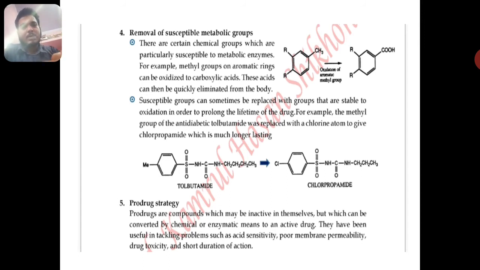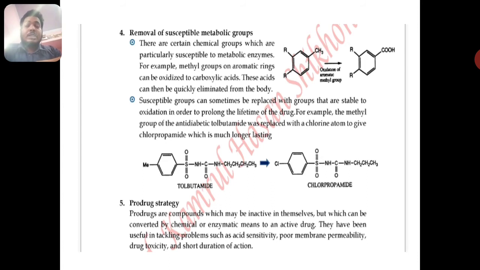Now we discuss the prodrug strategy. What is a prodrug? Prodrugs are compounds which may be inactive in themselves and are converted by chemical or enzymatic modification to an active drug, like diazepam, which is an inactive drug, and when it is absorbed and metabolized by chemical and enzymatic means, nordazepam is the active form of diazepam.